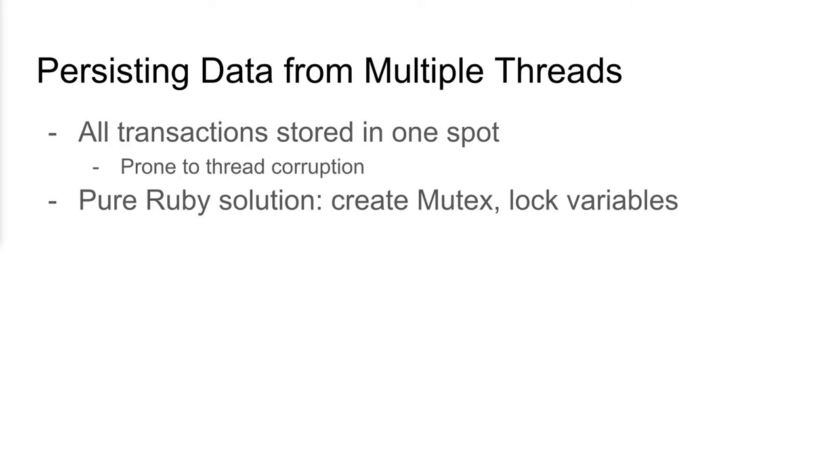So when it comes time to persist the transaction data in that shared storage, we'll need to consider the idea of thread safety. We'll need to store all of our transactions in one spot, which will make it prone to thread corruption. Since multiple transactions might be occurring in multiple threads at once, each thread is trying to access that resource.